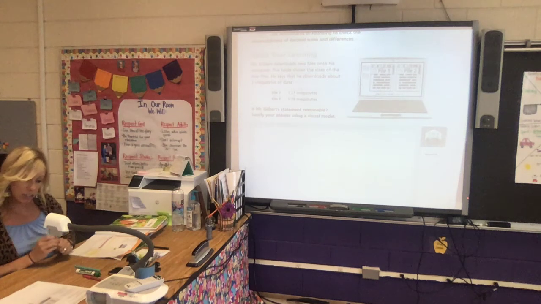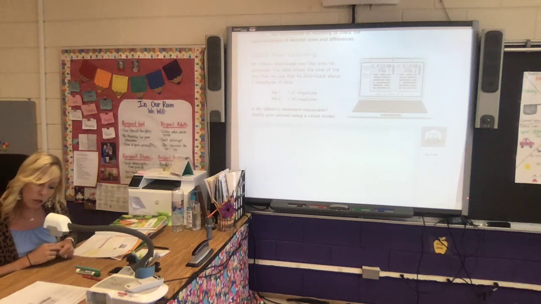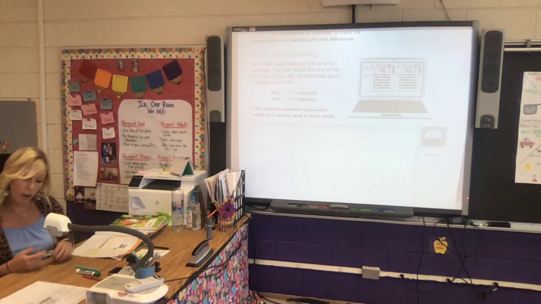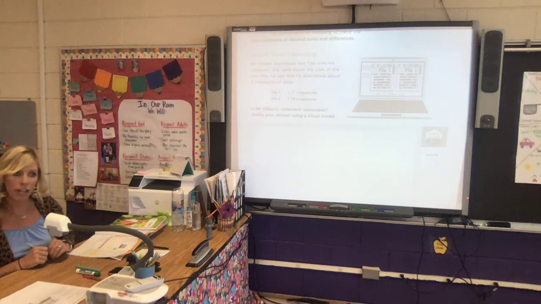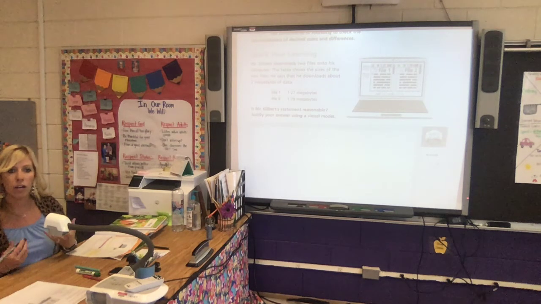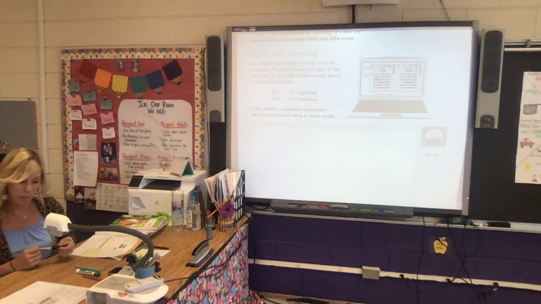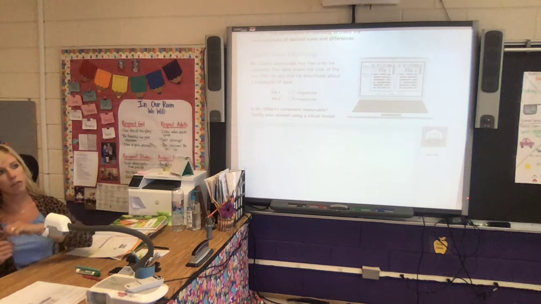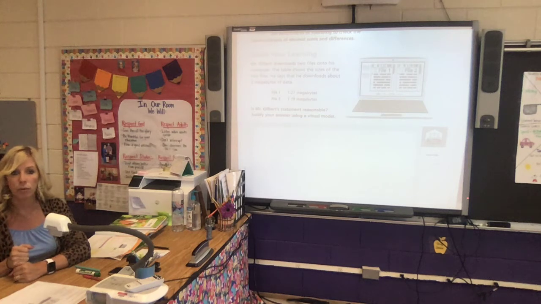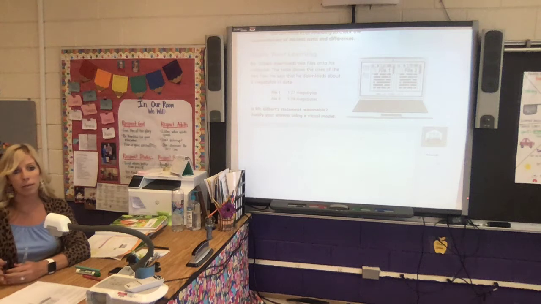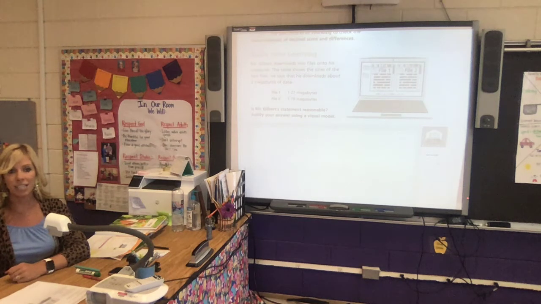Okay, so we can use benchmarks or rounding to check the reasonableness. A benchmark is a number close to something. So if we have $1.85, we could say that's about $2. That's a benchmark. It's something close to it that you can easily do in your head.